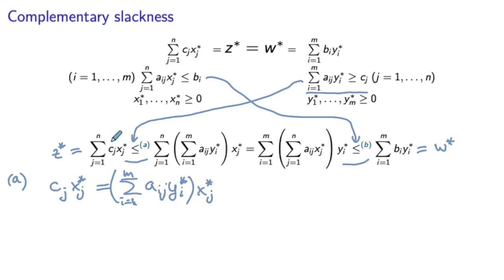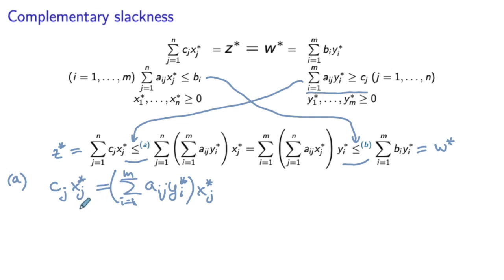Because we have the summation of n terms like this here, and each single one of these terms is less than or equal to the corresponding term in this sum, in order to have the equality here, I need to make sure that every single one of these terms on the left is equal to the corresponding term on the right. So let's see when this is possible.